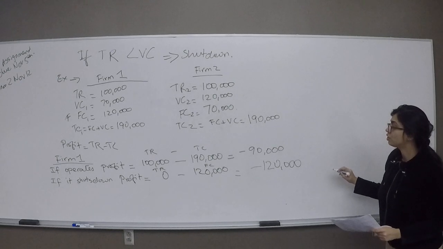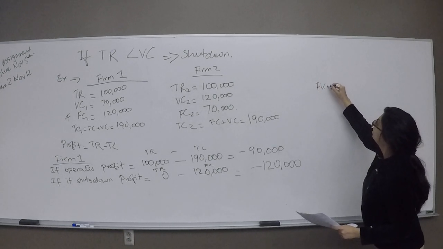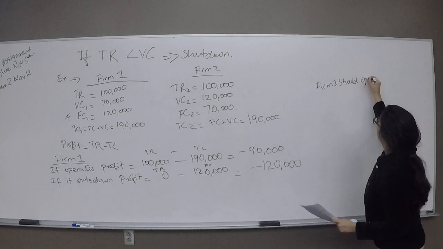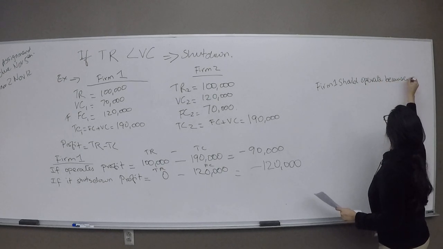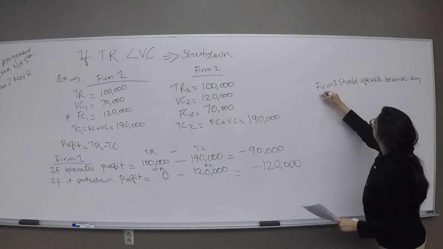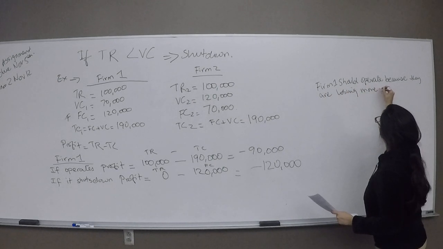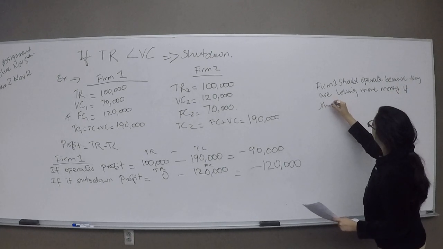So firm 1 should operate because they are losing more money if they shut down.